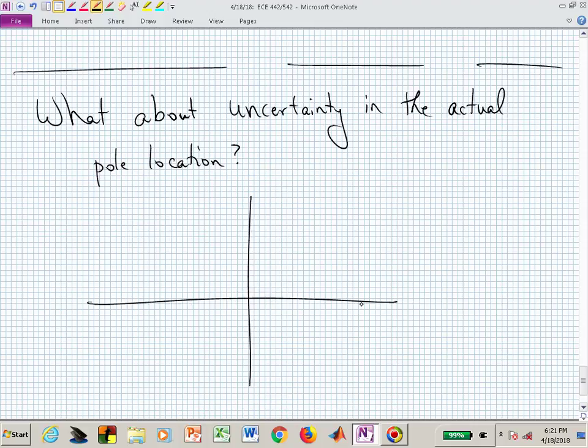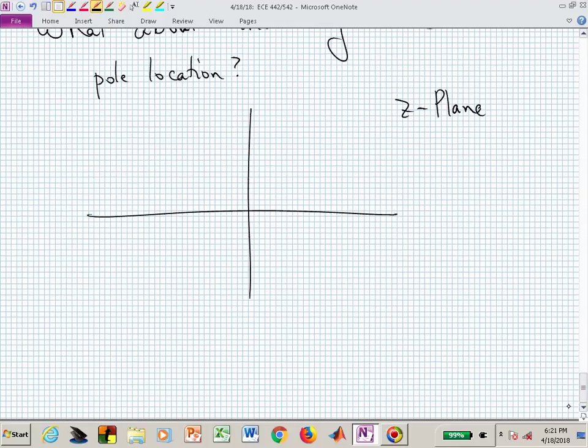But what happens now if the true system has a pole somewhere other than 0.75? Well, you can now pull out your handy-dandy z-plane and examine that. What if you're still using a PI controller, so you now have a pole there and a 0 at 0.75. That's your controller. You've designed that based on what somebody gave you as the model.